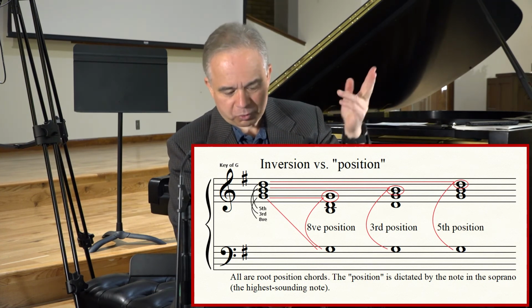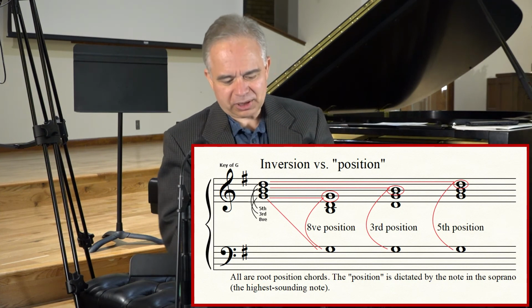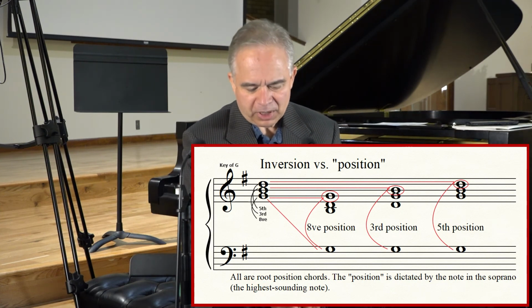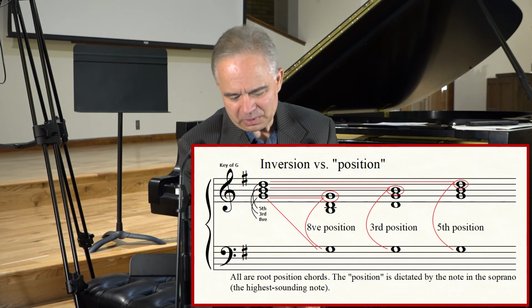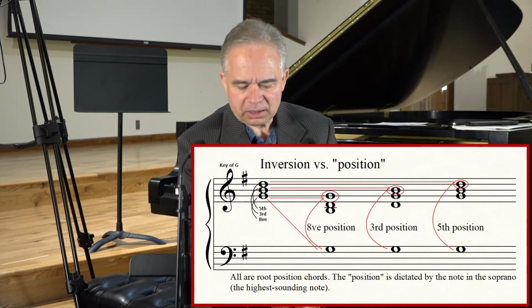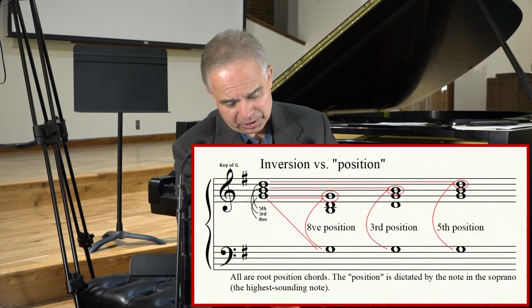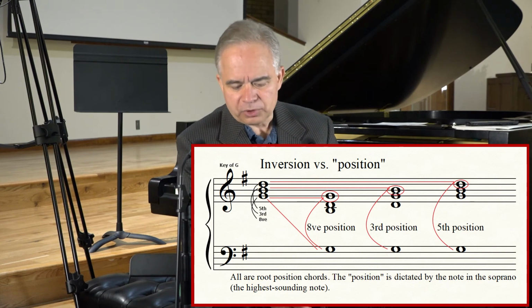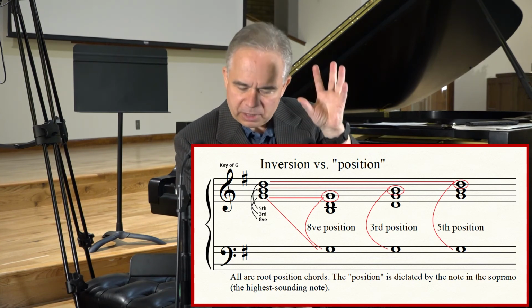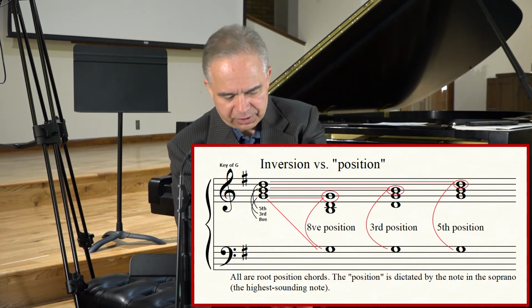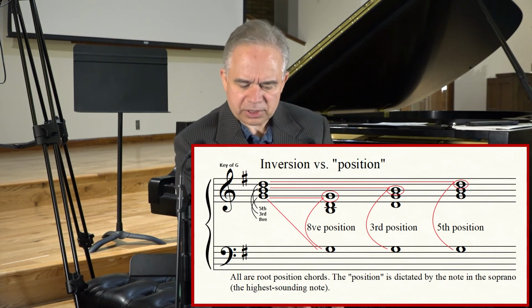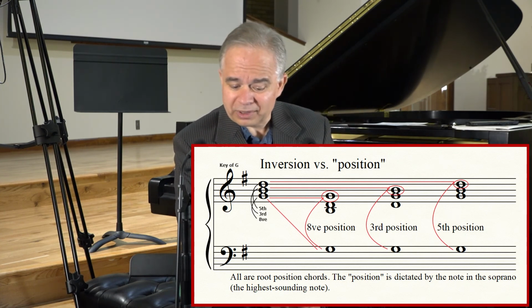It's called the root position. The term root position should have been exchanged with the term inversion, but for some reason we call it a root position. Anyway, do not confuse the two terms. Inversions are for the inversions, and positions are usually for what goes in the soprano.